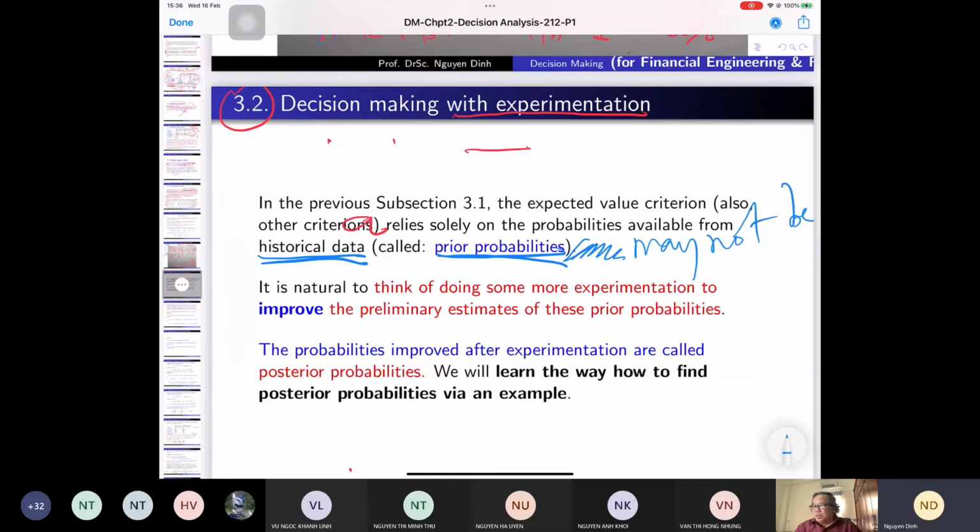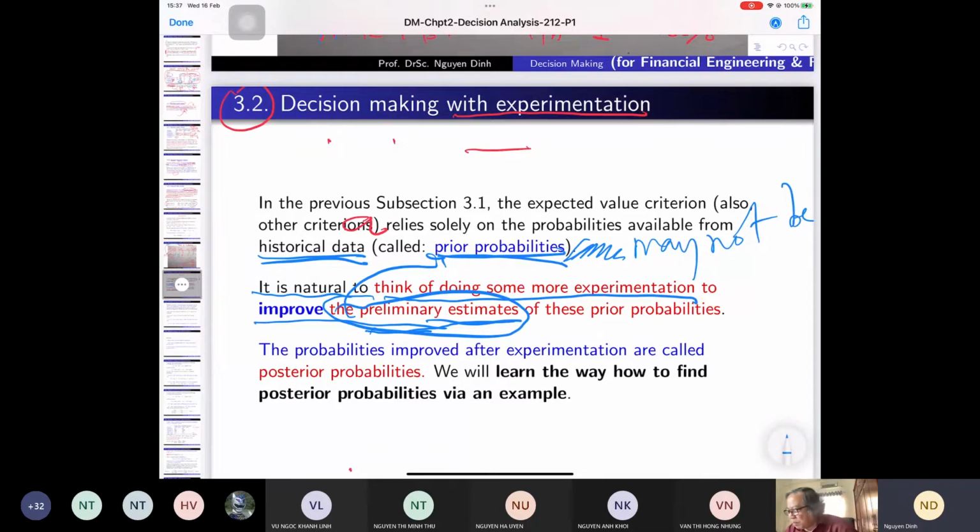And so it is natural to think of doing some more experimentation to improve the preliminary estimate, to improve the estimation from the prior probability. Improve this, okay? To make it better, because this comes from the old things, from the experience of people or something like this.